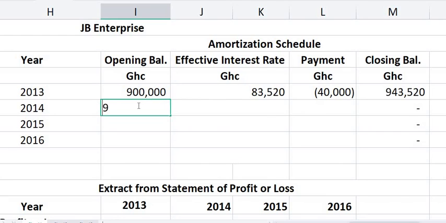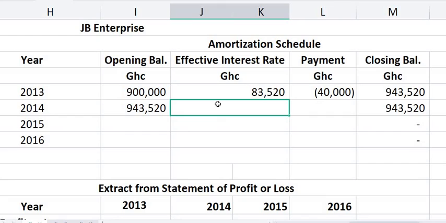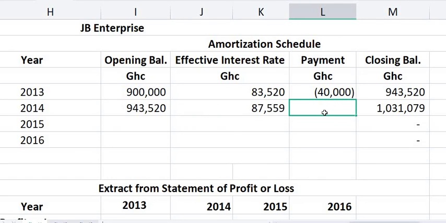So we are going to have 943,520 as the opening balance. We charge interest of what? 9.28%. So that is 87,559. And the coupon is still 40,000.